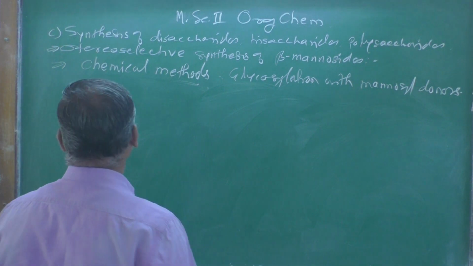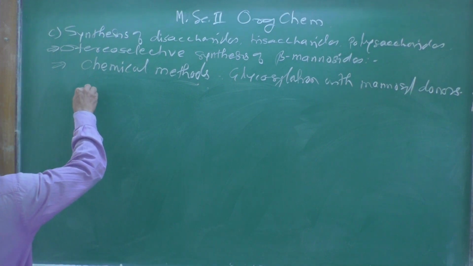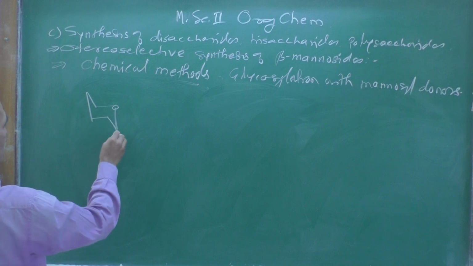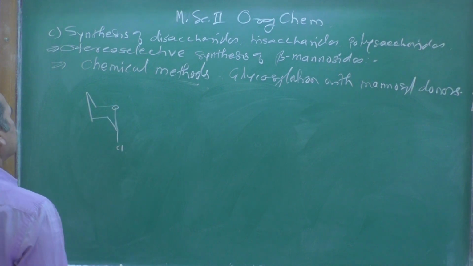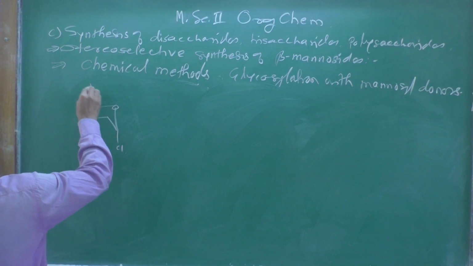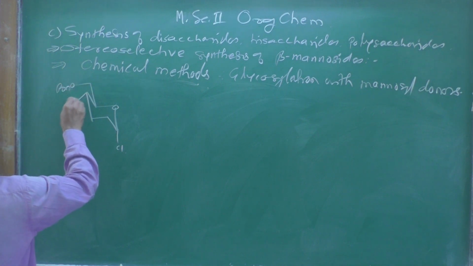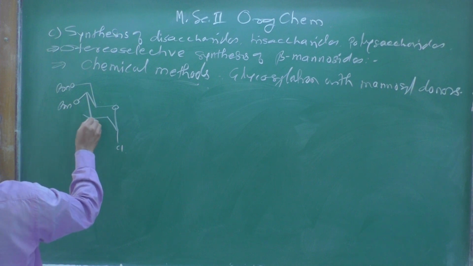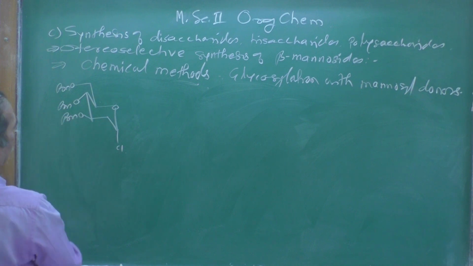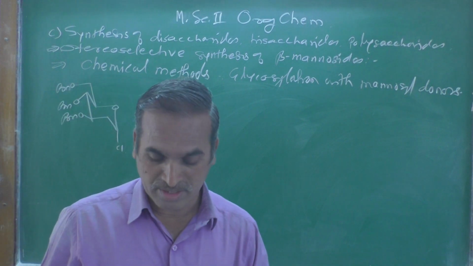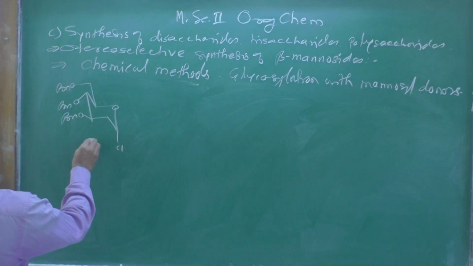So let us see here the starting material. This one has O, a chlorine atom, and the rest of the groups we can show over here as OBn, then OBn. Now here is OBn, and this structure is structure number 5.